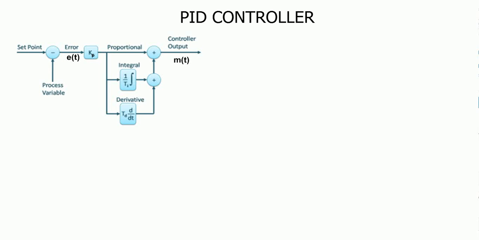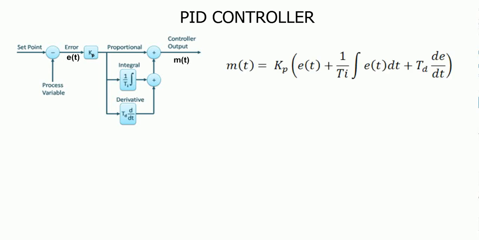A PID controller has 3 parts, as we can see in the figure. These 3 parts are added to produce the controller output, as expressed in this mathematical equation. The PID controller is widely used in industry. The advances in control theory produce more sophisticated and complex controllers, but the PID is still standing and is preferred in many industrial and practical applications.